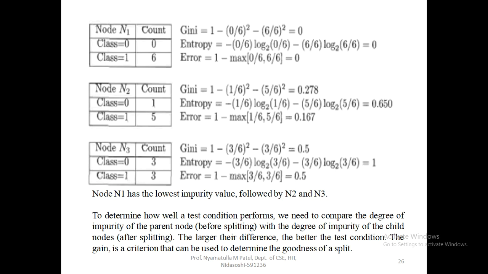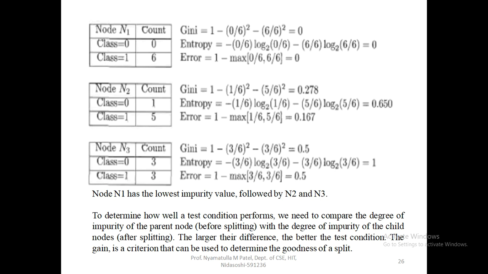Then, after splitting, we calculate the degree of impurity of the child nodes. If there is a large difference between the impurity of the parent node and the impurity of the child nodes, the better is the test condition.